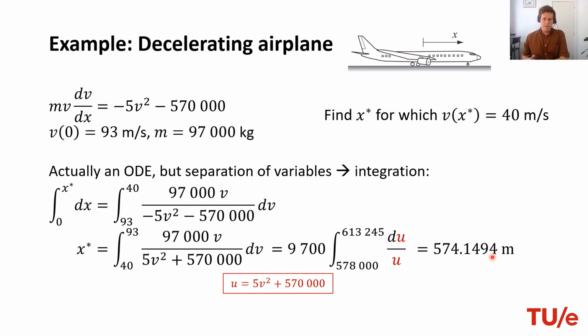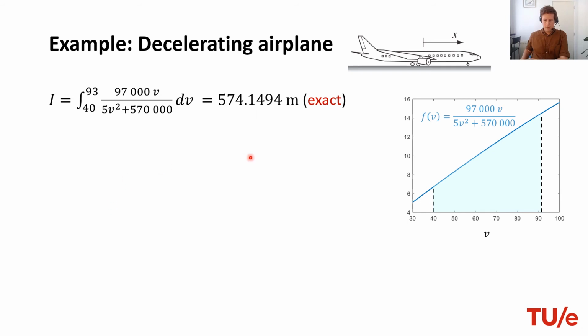So this is just to set the scene for this problem. What we actually want to do is use our numerical integration methods that we've seen before to approximate this integral. In the previous slide, we already saw the exact value of this integral is 574.1494.